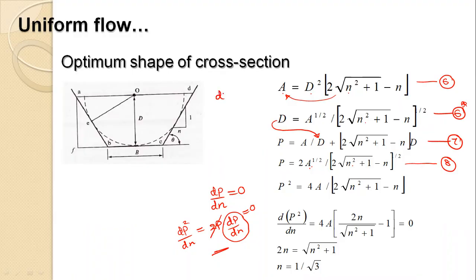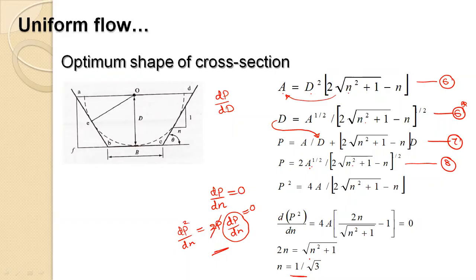Earlier, minimum wetted perimeter was taken with respect to the water depth, and now we have the minimum wetted perimeter with respect to the side slopes. A is not a 0 quantity, so 2n divided by square root of n squared plus 1, minus 1, should be equal to 0. This gives you n equals 1 over square root of 3.